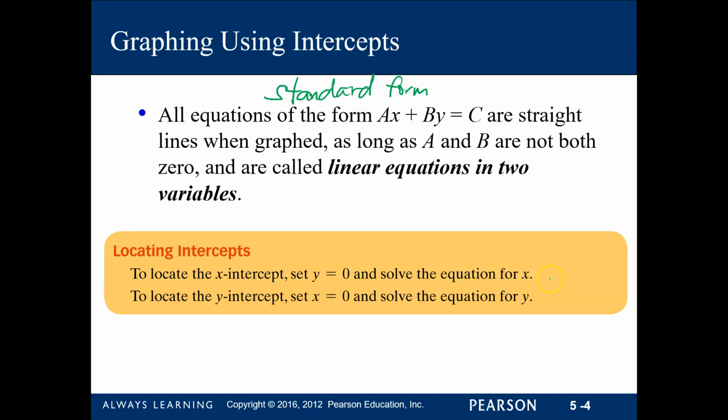And so that is 1 point of the line. Remember that when you have a line, you need 2 points to be able to create a line. An intercept is a point found on the axis. For the x-intercept, you have to make sure that y is 0. If you're looking for the y-intercept, the opposite variable, which is x, will be 0.